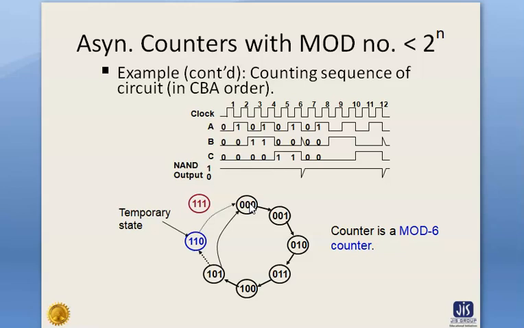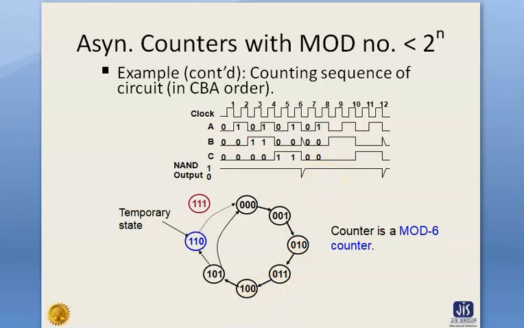Here we can see the 1 1 1 state is never reached, not even temporarily. Therefore, this is the mod 6 ripple counter.